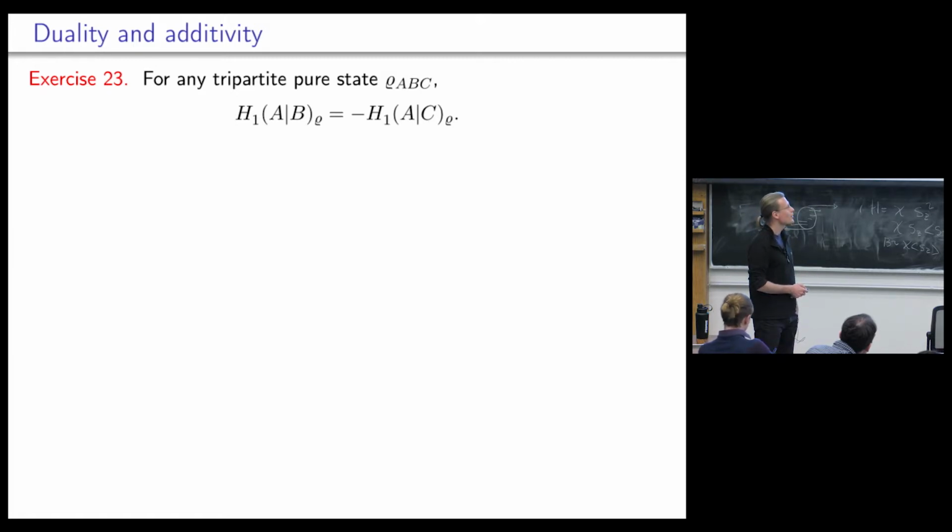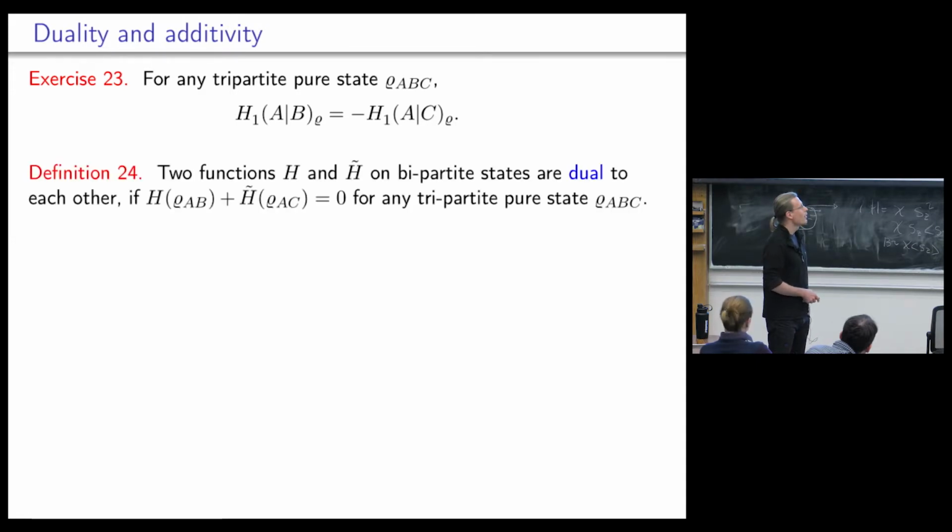So here's an exercise again for you. Consider the usual von Neumann conditional entropy and take a tripartite pure state, rho ABC. It is very easy to verify that the conditional entropy of A conditioned on B is minus the conditional entropy of A conditioned on C. Okay. So this is again related to the possibility of negative conditional entropy. And motivated by this example, we introduce this definition of duality.